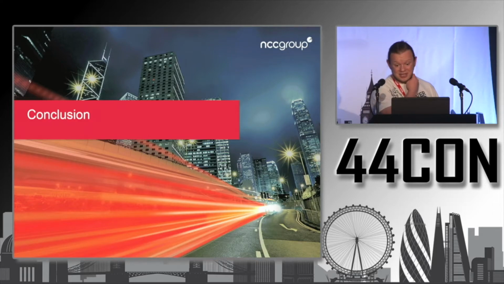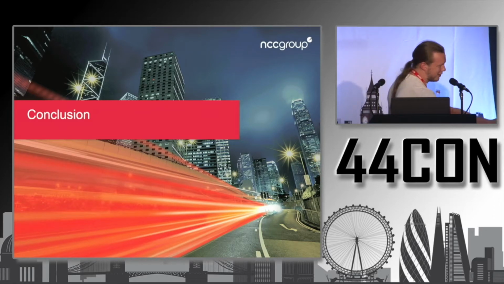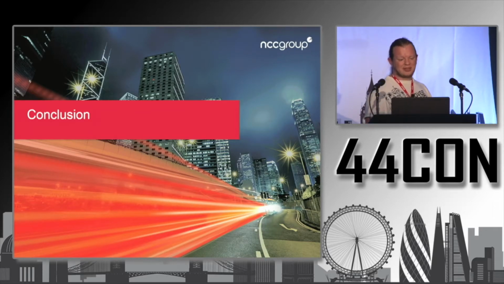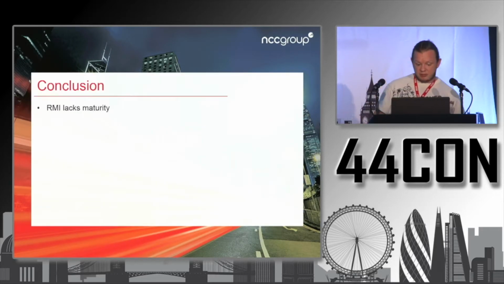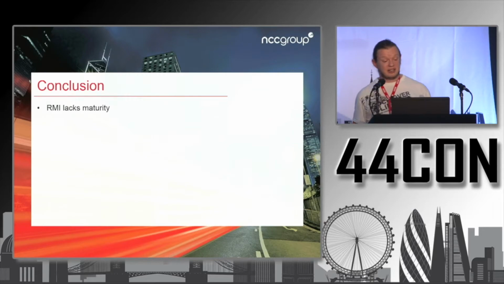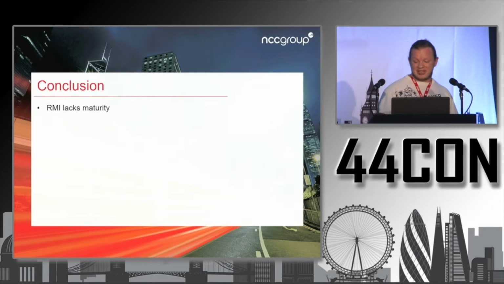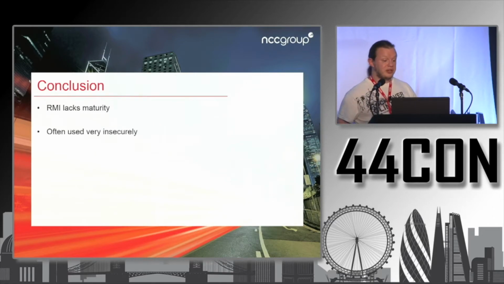So that's actually that. There's more that I would have liked to have included, but I'd end up going down this big rabbit hole and not having the time to talk about it. So I'm going to write a blog post with some more of the details. But just a brief conclusion: RMI lacks maturity. It's not as well used as other protocols like HTTP, and it's often used very insecurely.